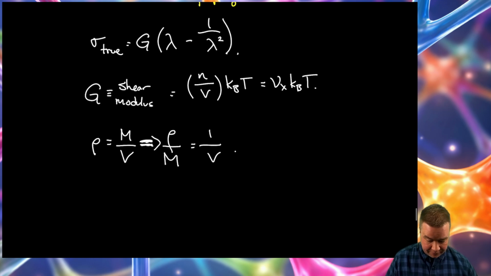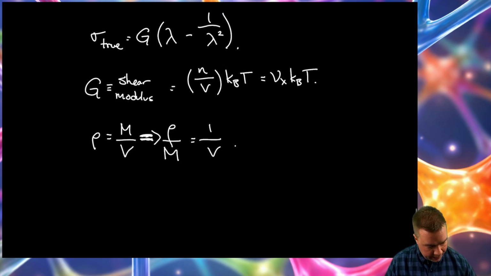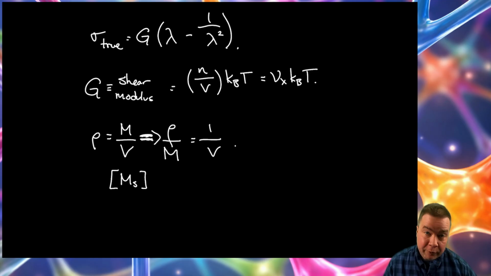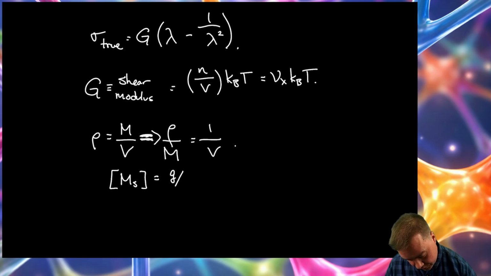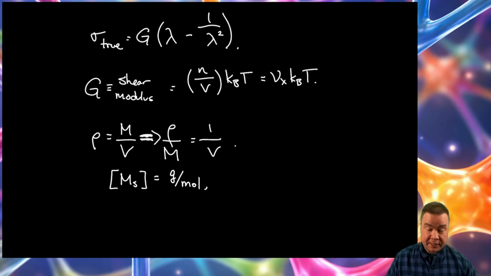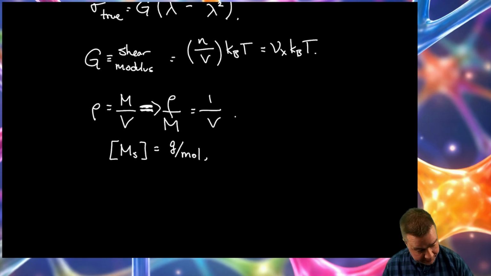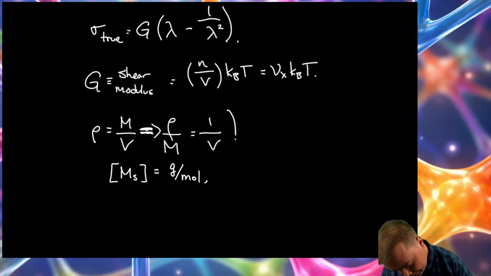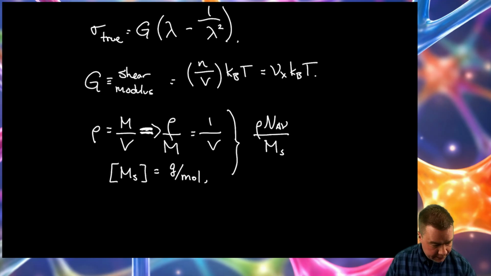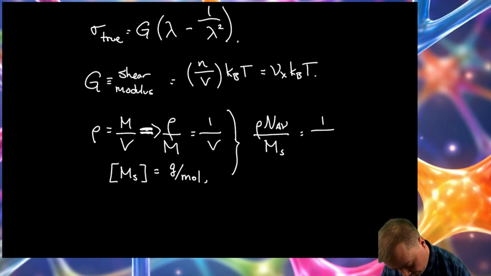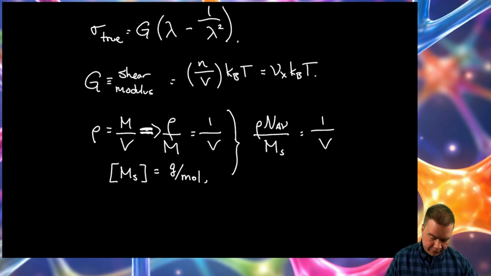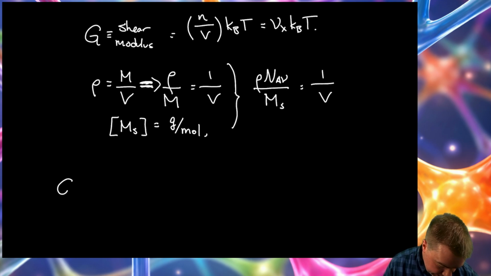And if I express my material a certain way, for example, the molecular weight of the strands between crosslinks has units of grams per mole, which is different than the m in the expression above. But what this gives me is I can write this instead, to describe my material, as the density of my material times Avogadro's number divided by the molecular weight of my material between crosslinks, which will give me 1 over the volume of my material.